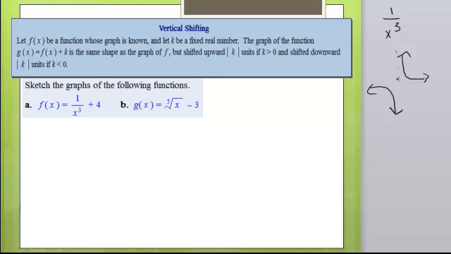And then the origin is between those two. So the origin would be here. Well, if you have a plus 4 on the outside of the function, it's going to take this graph and shift it up 4 units. So if that happens, it would look something like this one.